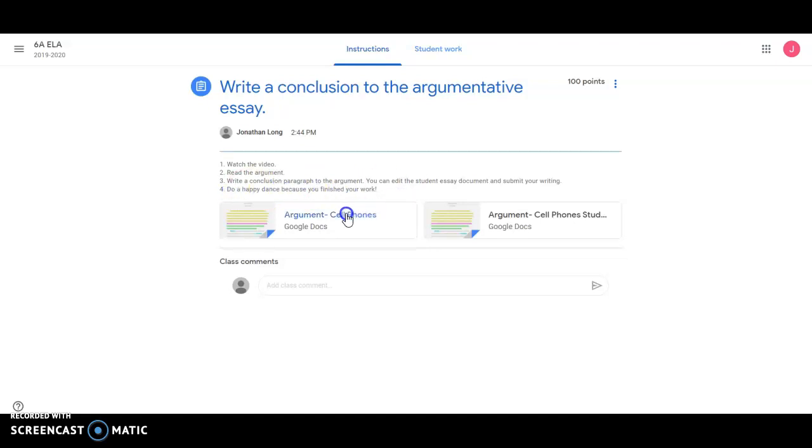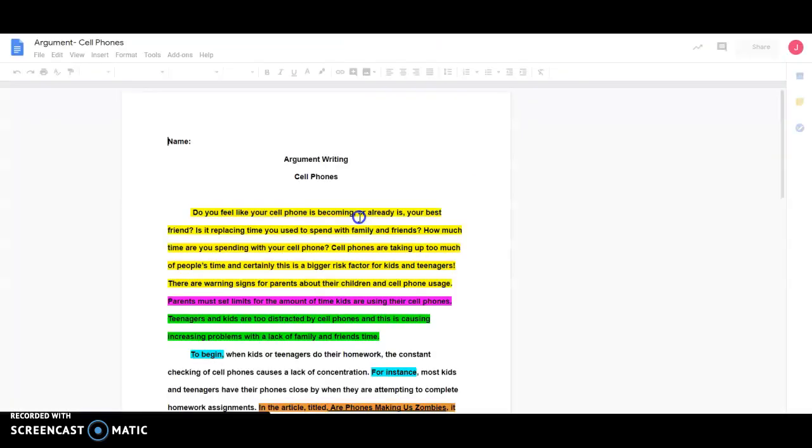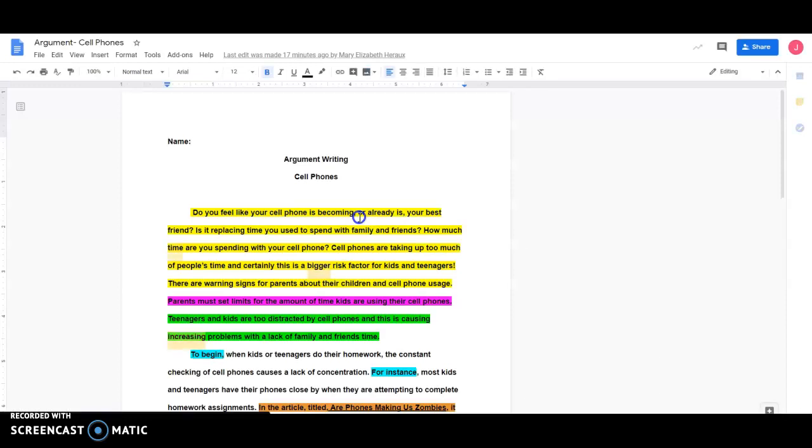Now, on the assignment, write a conclusion to the argumentative essay. There are two documents. One is Miss Hero's copy, and one is a copy that you can edit. I'm going to go into Miss Hero's copy first because she has comments that she made alongside her essay.